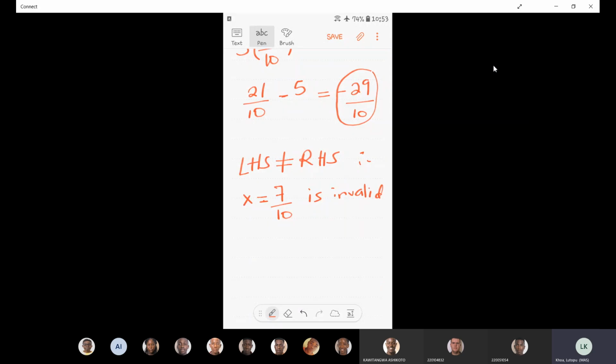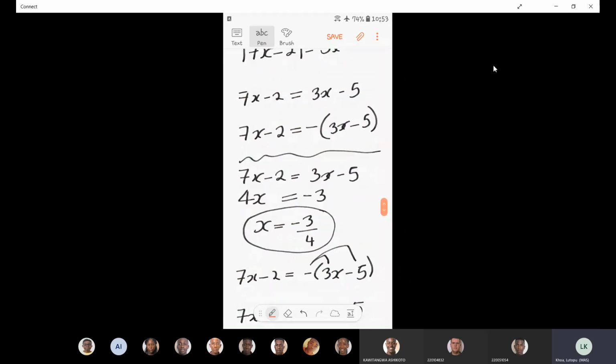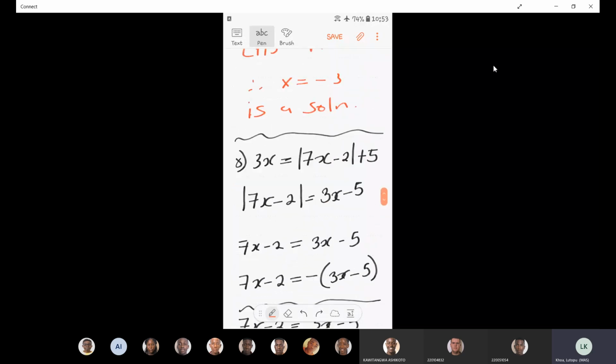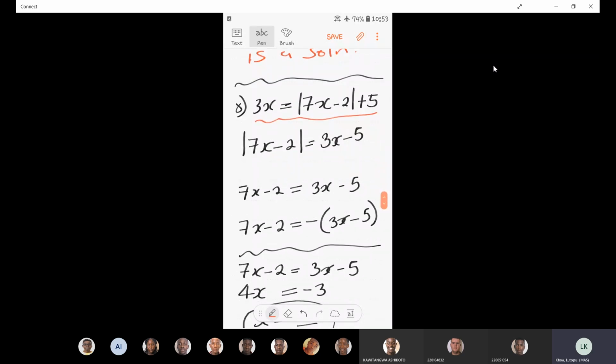So that means this equation that we were asked to solve, where is it? Over here. It has no solutions. Is it not this one? Sorry. Where is it? It's over here. So this one over here, it has no solution. So it is possible to get an absolute value equation that has no solutions. All right.